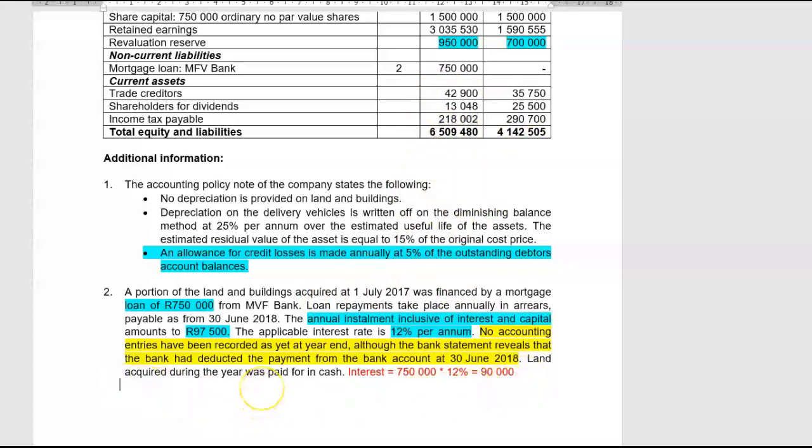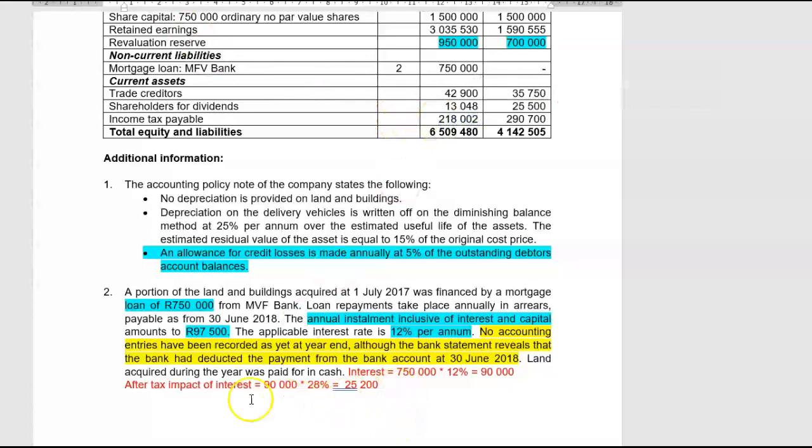I have to adjust that, I have to reduce that with a tax on the 90,000 Rand. So if I take that 90,000 Rand and I say, well, what is the after tax impact of this interest? That equals the 90,000 Rand multiplied by 28%, and that equals 25,200. Interest is an expense. It's a tax deductible expense. So at the end of the year, we're not going to owe the receiver 218,002.